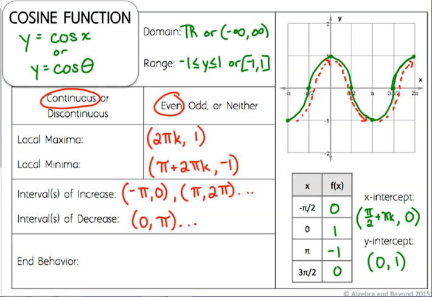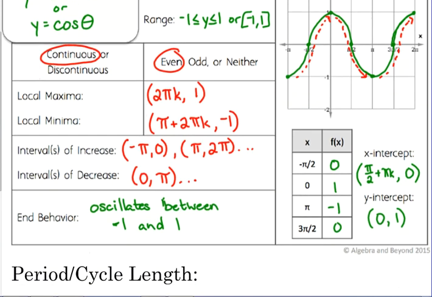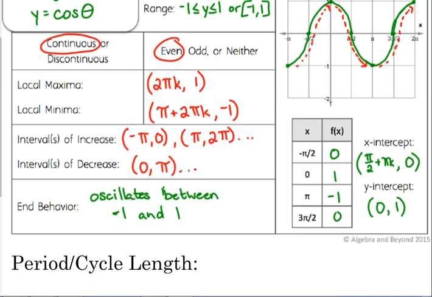In behavior, same deal. We're oscillating between -1 and 1. It's just at different places where we're hitting those values. Our period or cycle length looks a little bit different than sine did, but it actually is the same distance.